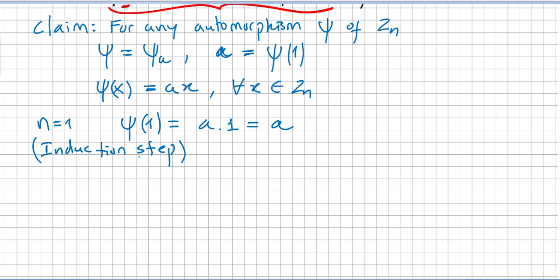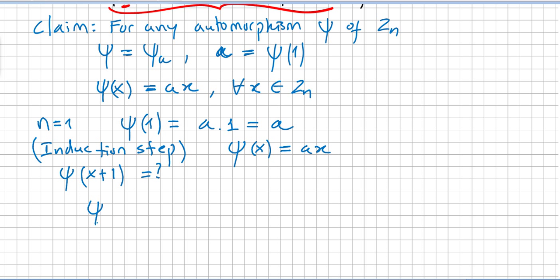So we assume that psi of x equals ax, for a fixed x, and we want to see if that is true for n plus 1, right? So we want to check if that is true for x plus 1.